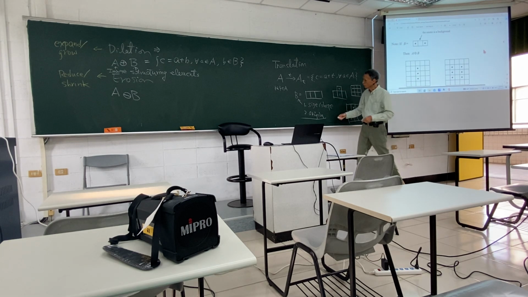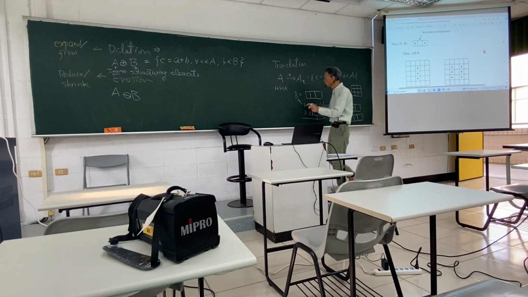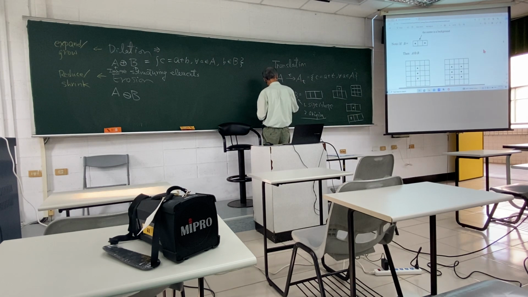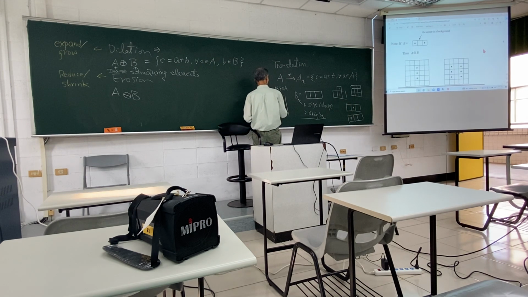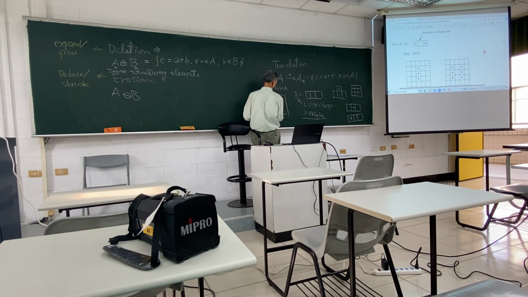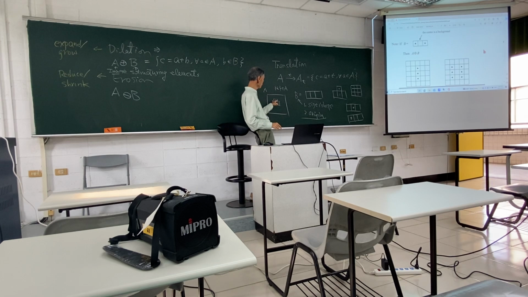When I say origin, this origin should be aligned with the image A. So for this case here, you put the origin here, then this is the pixel in A. Then you need to do something for the remaining elements.